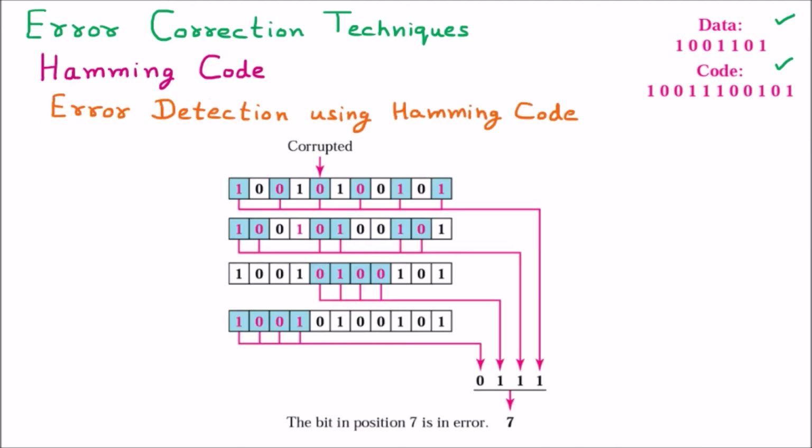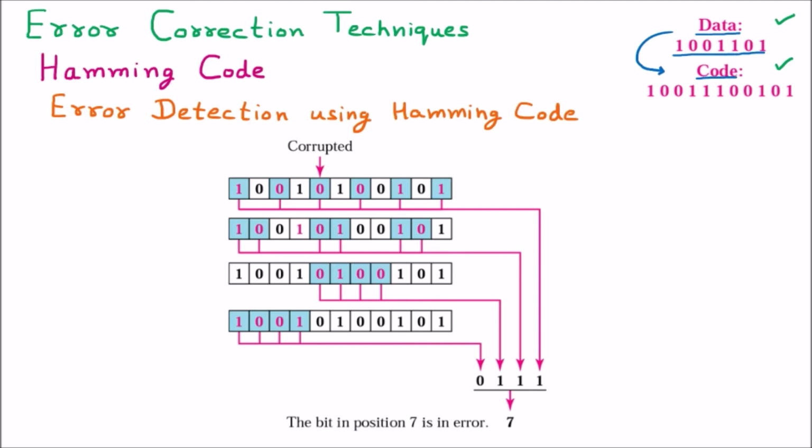So now with this diagram we will learn how the Hamming code is going to detect where the data is corrupted. We know that earlier we were having the data which was given to the Hamming code, and with this data we have converted it to the code. Now this was the code which we have generated.